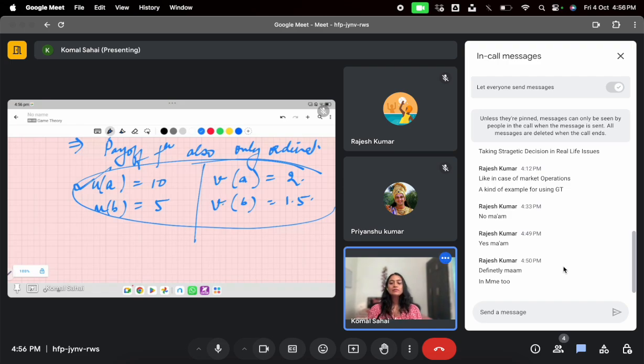As long as this function is an increasing function, if U is an increasing function of V, whenever V goes up, U goes up, both will represent the same preference. ठीक है, monotonic transformation अगर किया है, so that is what it means. A monotonic transformation can be in either direction. So this is a monotonic transformation of U in the downward direction, and U is a monotonic transformation of V in the upward direction.